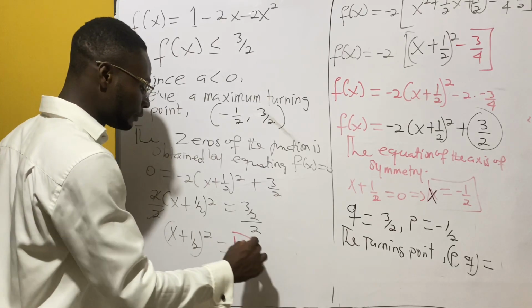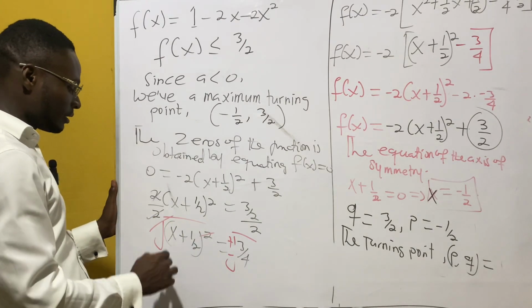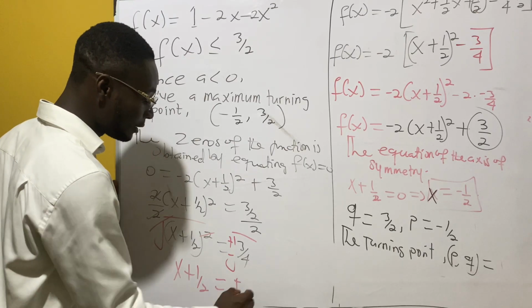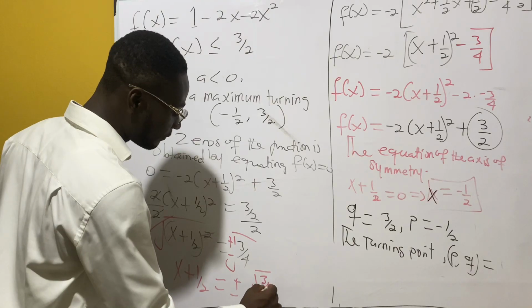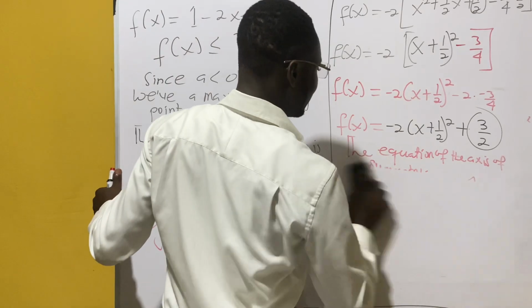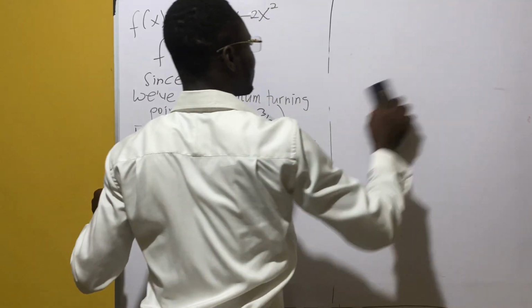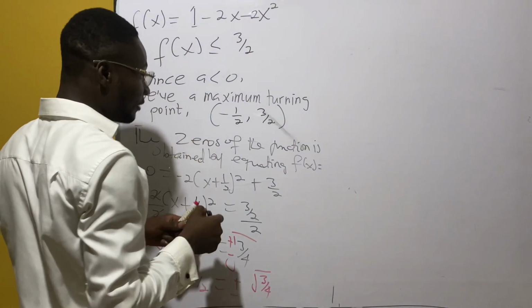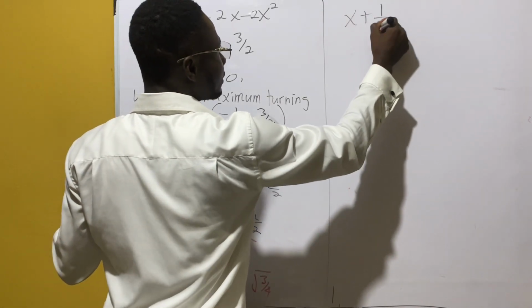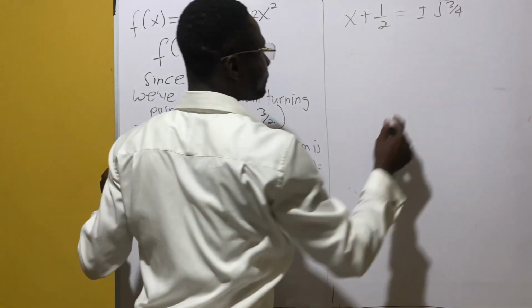So we have x plus half is equal to plus or minus square root of 3 on 4.